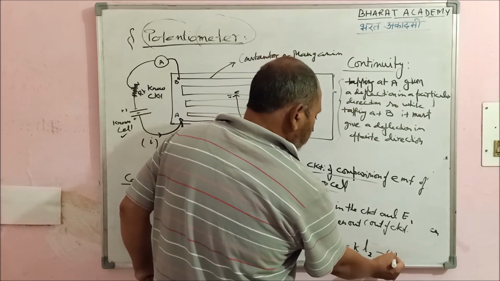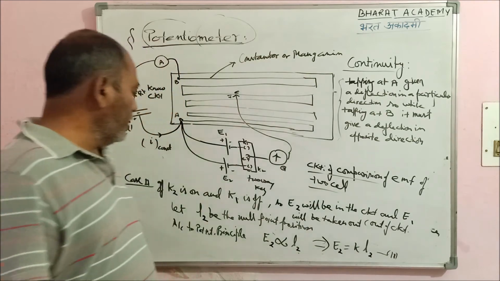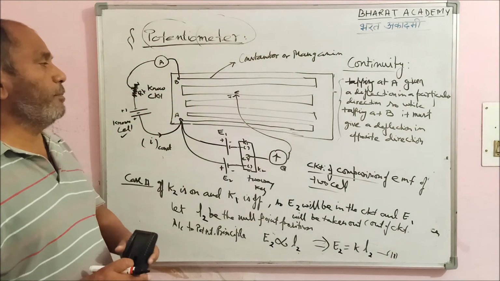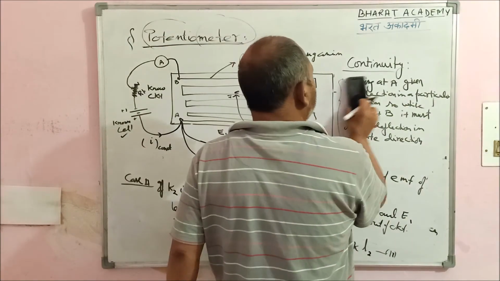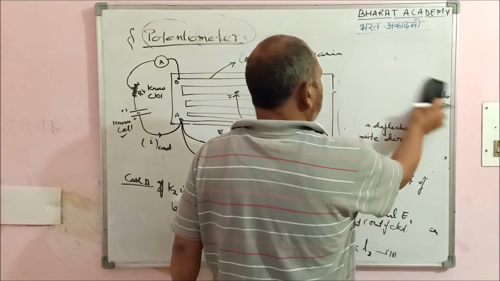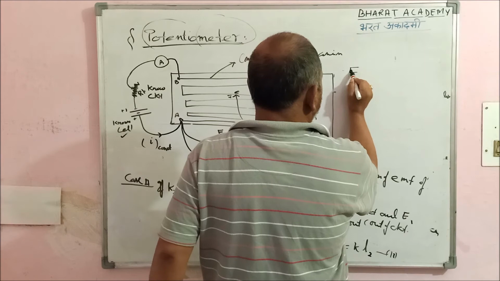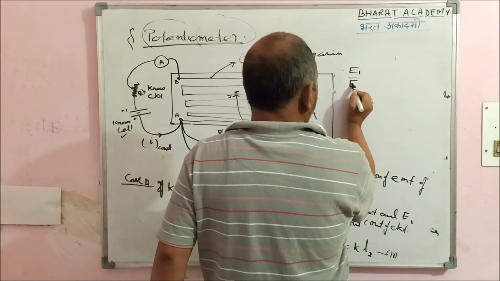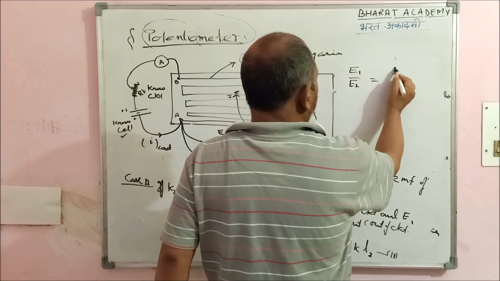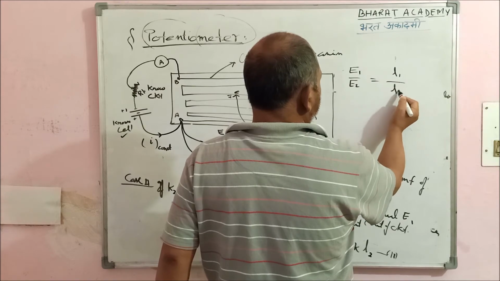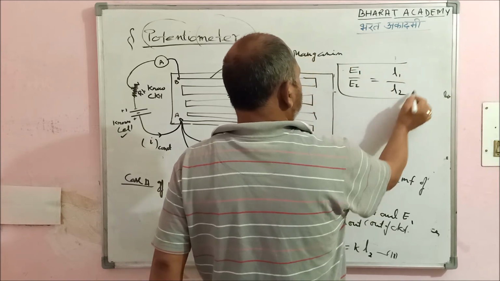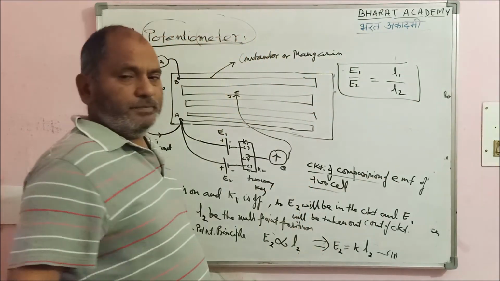This is the second equation. Right? What was our aim? It was just to compare the EMF. So dividing equation 1 and 2, what will you get? E1 by E2 will come out to be L1 by L2. Simple. Right?